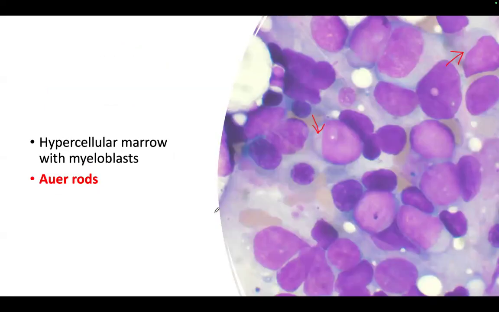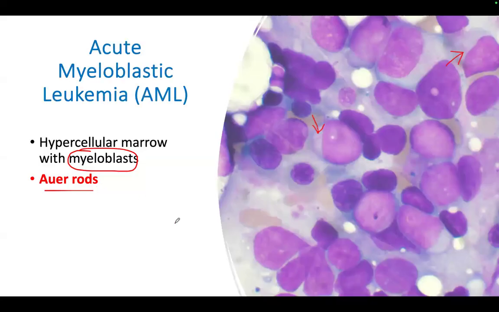Now, what about this? Hypercellular marrow with the presence of myeloblasts. And what you would encounter is the famous hour rods.